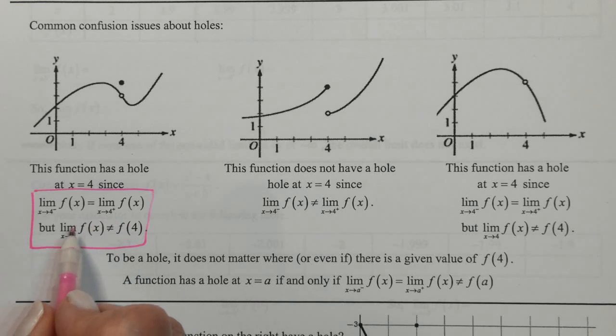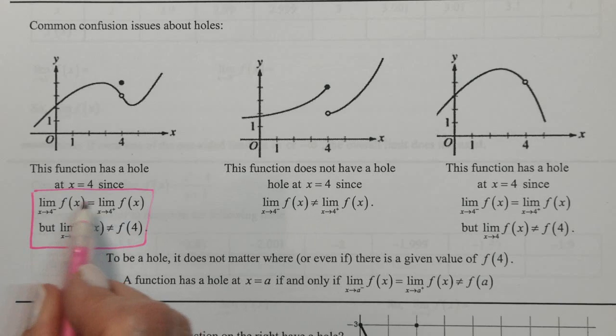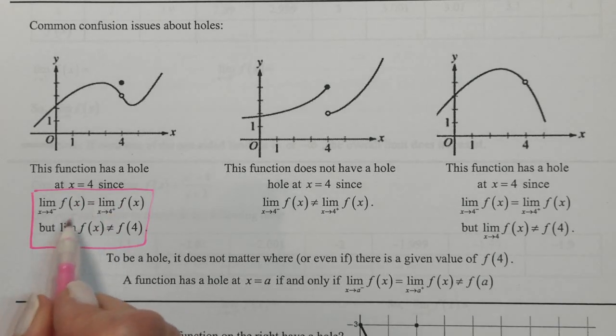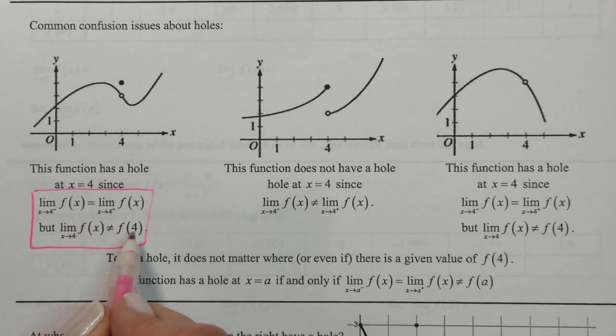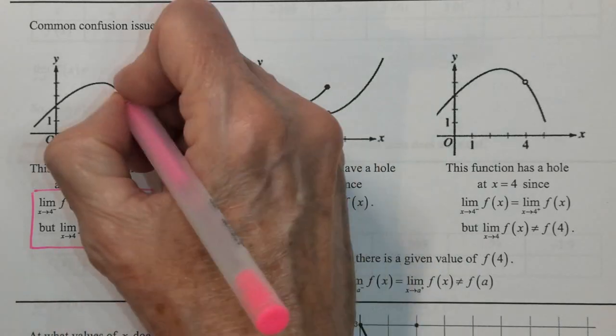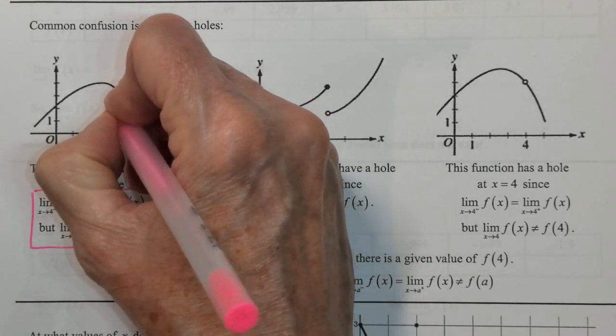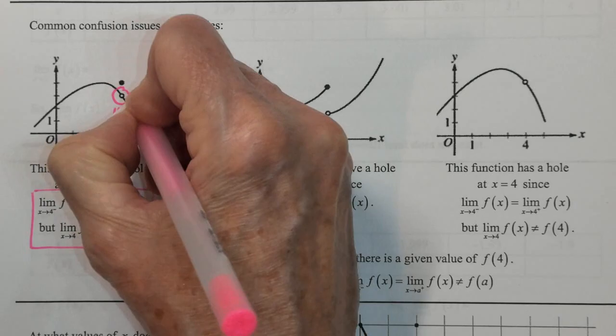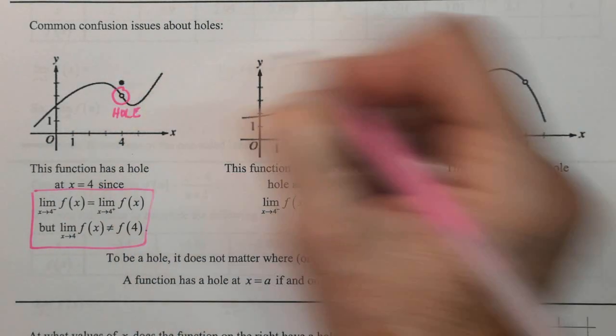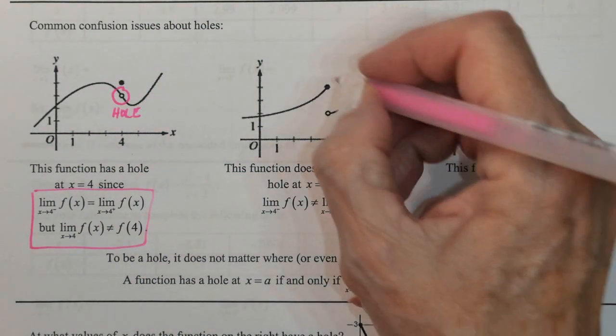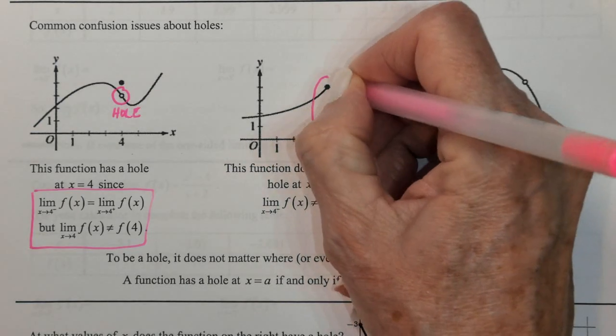The overall limit, which means the limit from the left and the limit from the right, are the same, but whatever value it is, it is not equal to the function value. So this is a hole. Limit from the left equals limit from the right. This is not a hole.